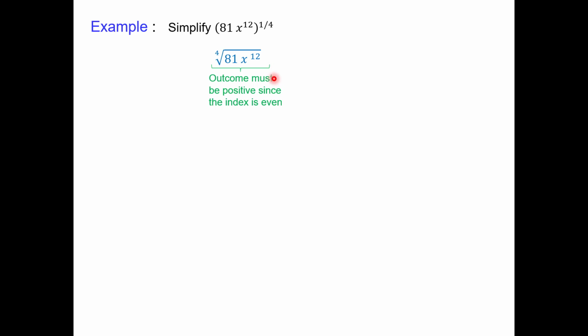So the outcome here must be positive, and that's because we are dealing with an even index, a 4th root. Anytime the root is an even root, square root, 4th root, 6th root, and so on, the outcome has to be positive. And so we have 3 because the 4th root of 81 is 3, and then x cubed because the 4th root of x to the 12 is x cubed.